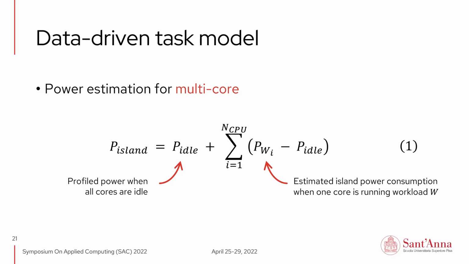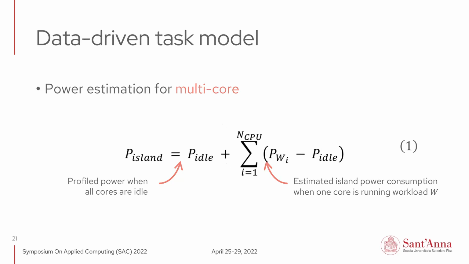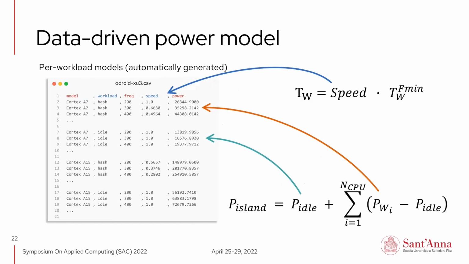This reflects the fact that, as we will see, most embedded platforms lack per-core power monitors and provide power information only at the island level, or they do not have any embedded power monitor at all, and thus an external one must be used. For any input configuration, the speed at which the task is running determines its simulated execution time.